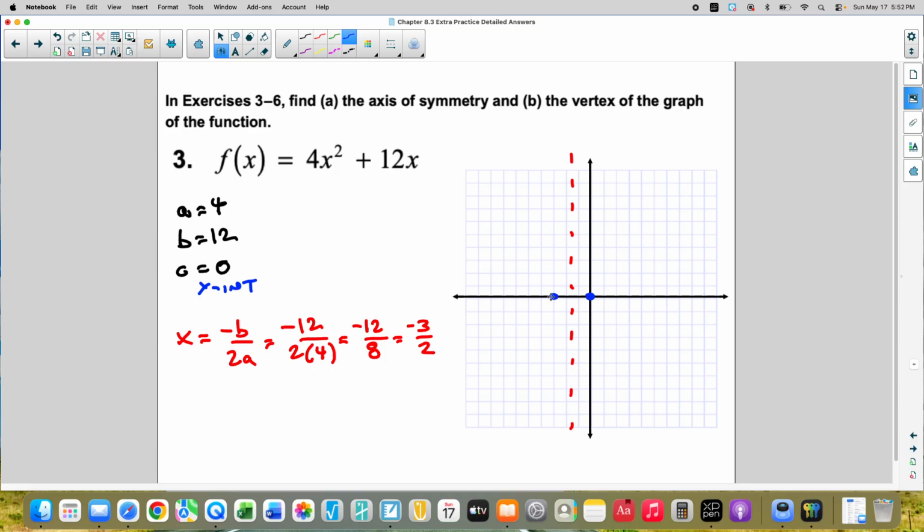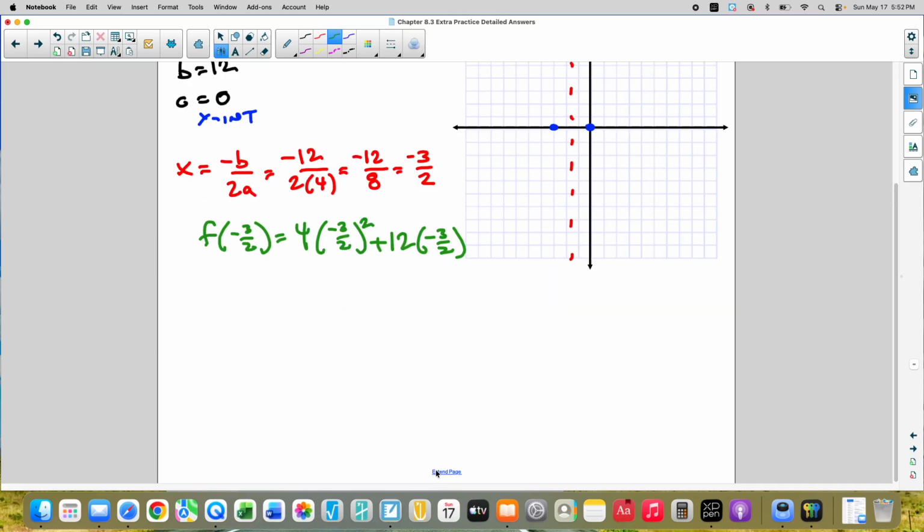Now to find my vertex, I'm going to take this value and plug it in. So f of -3 halves equals 4 times -3 halves squared plus 12 times negative 3 halves. Wow, they don't start you off with a nice easy one. They start you off with a pretty tough one.